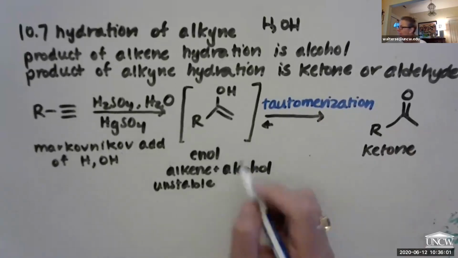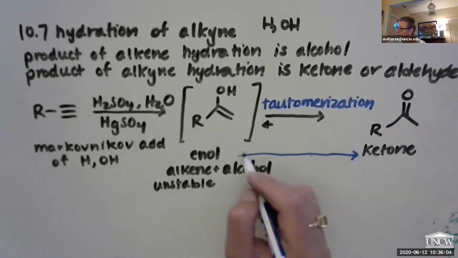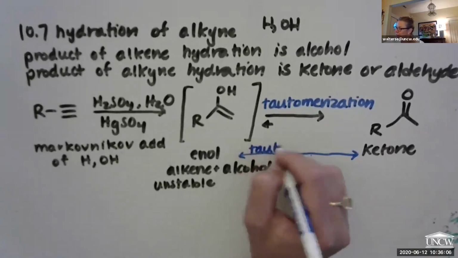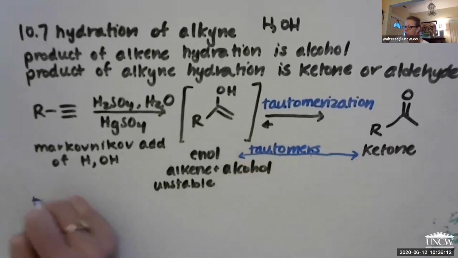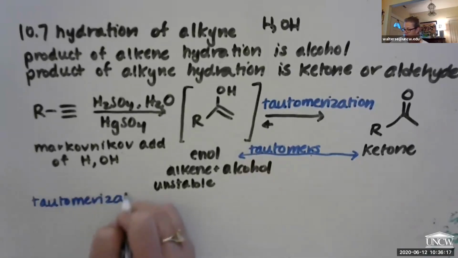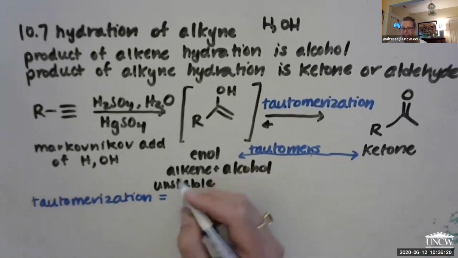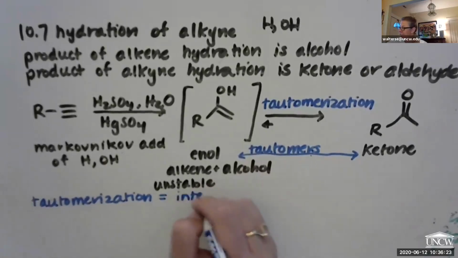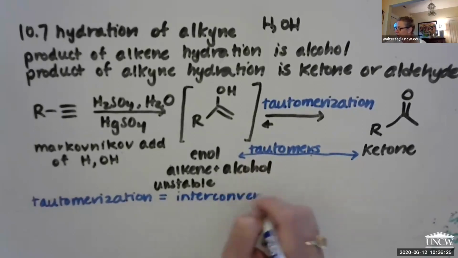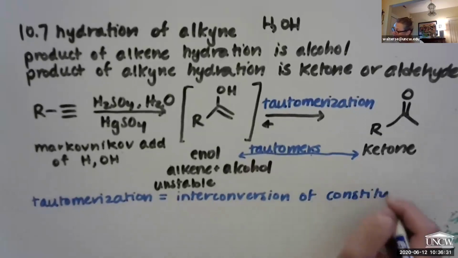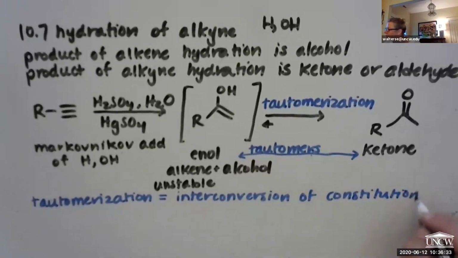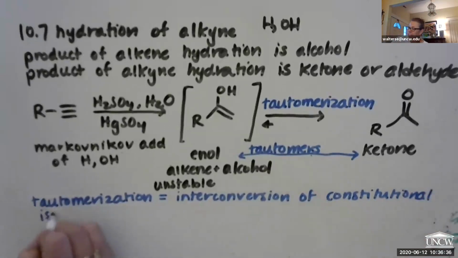So the enol and the ketone, these two things are called tautomers. They're tautomers of one another. So tautomerization is an interconversion of constitutional isomers. So remember, constitutional isomers have the same molecular formula, they just have different connectivities between the atoms.